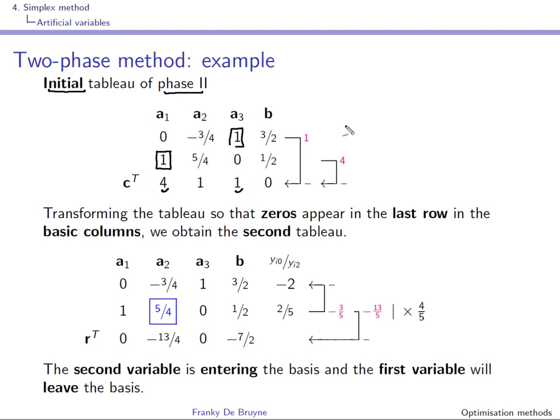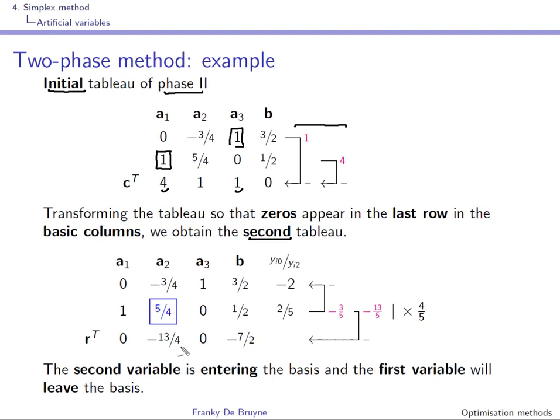And here you have these elementary operations, and this is how you obtain the second tableau. And from here on, everything starts as in the simplex algorithm, right?